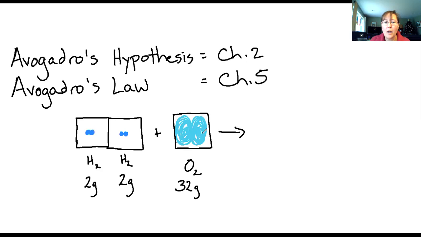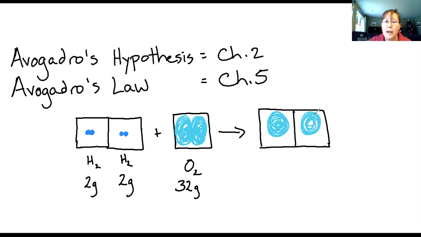All right, well, what happens with this? We know that 1 oxygen and 2 hydrogens forms water, H2O. You all are accustomed to that. But we have 2 oxygen atoms and 2 sets of 2 hydrogens, which means that we can make 2 water molecules. Each one will have an oxygen and 2 little hydrogens on it.